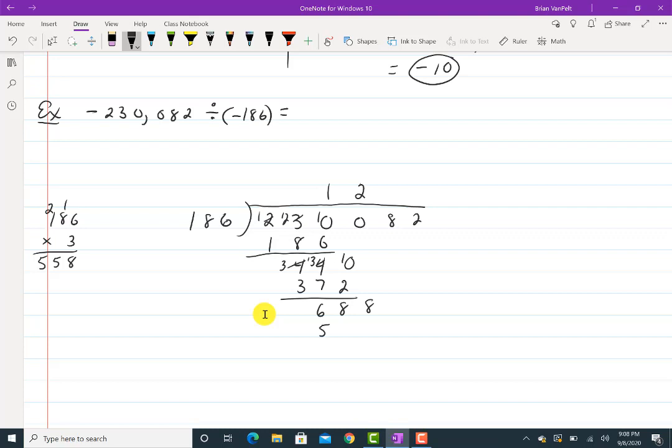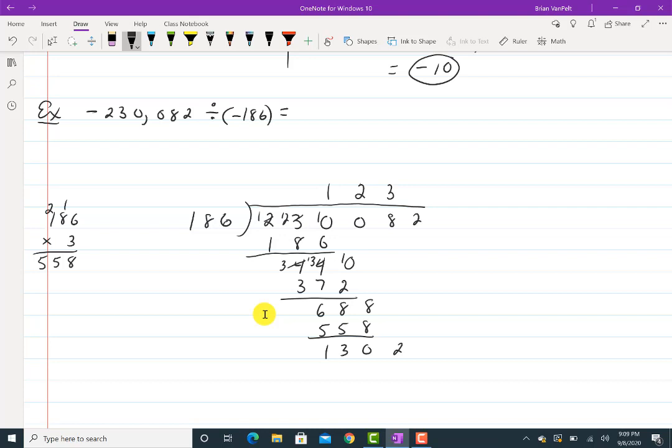If I do 4, that'll be too much. So we have a 3 here. Let's subtract. And then bring down the 2. I'm sort of losing my columns as I was speaking. 1302.